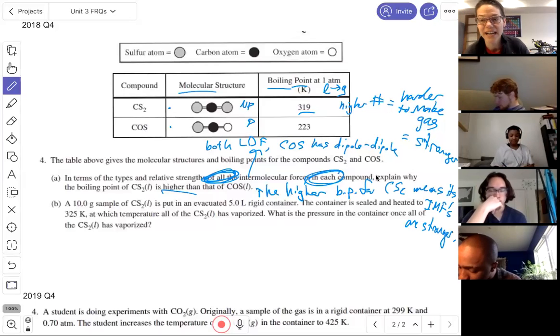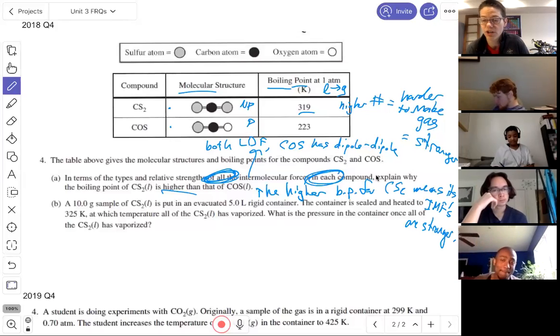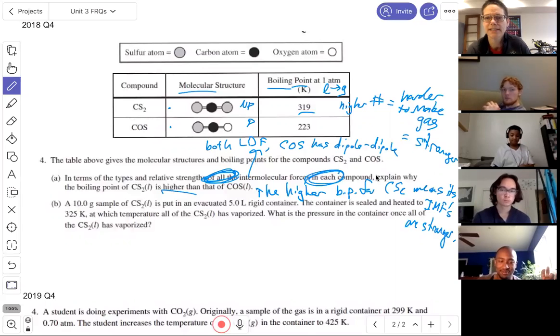Period. It's not asking you to explain why they're stronger. It's just asking you to recognize that they're stronger. It's not asking you to say it's got more polarizable electrons and all that. It's just saying that clearly the forces must be stronger because its boiling point is higher. Period. Done. Don't overwrite. Don't overthink.